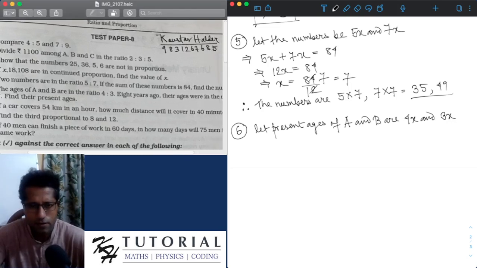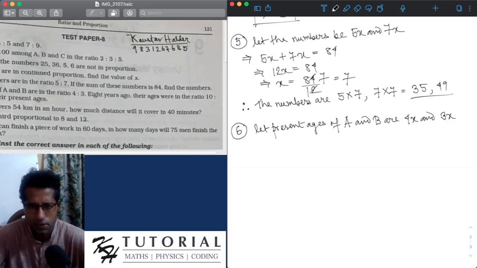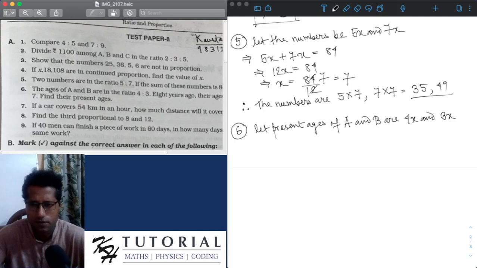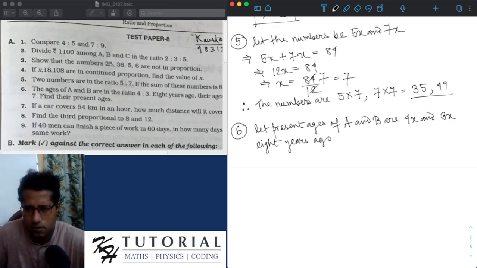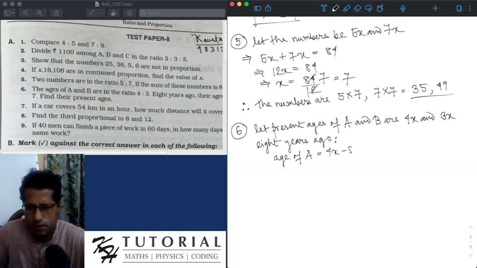The additional fact given is that 8 years ago the ages were in the ratio 10:7. So 8 years ago, the age of A equals 4x minus 8 and the age of B equals 3x minus 8.